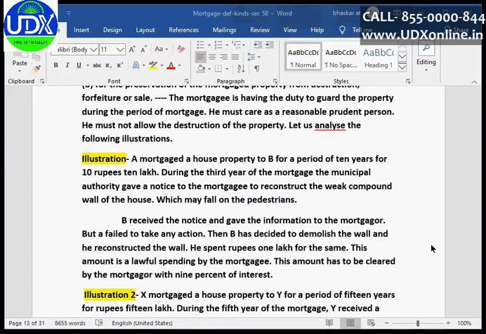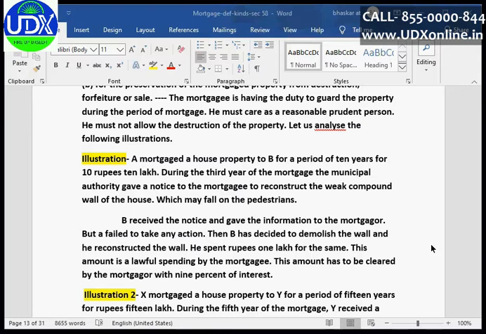B received the notice and gave the information to the mortgager, but failed to take any action. Then B decided to demolish the wall, and he reconstructed the wall. He spent rupees 1 lakh for the same.